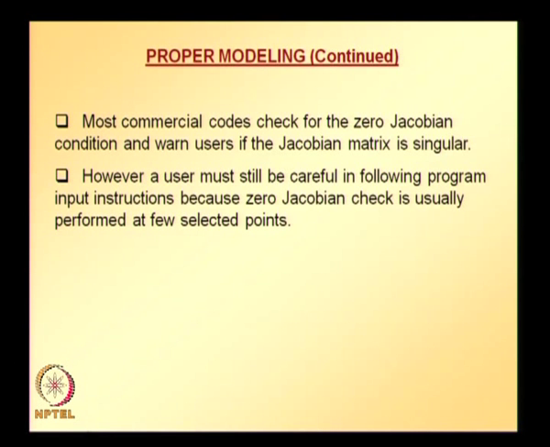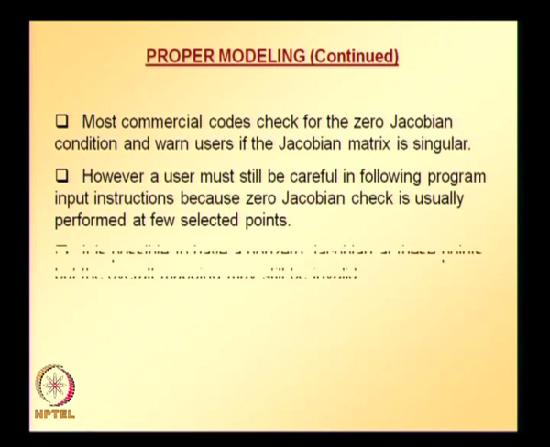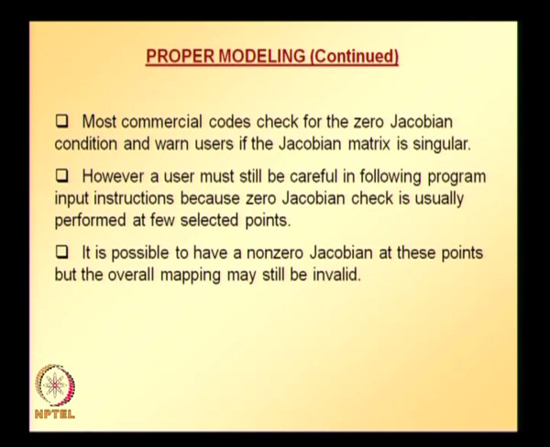However, a user must still be careful in following program input instructions, because the 0 Jacobian check is usually performed at few selected points. So, what is going to happen? It is possible to have a non-zero Jacobian at those points where the commercial software is checking, but the overall mapping may still be invalid.